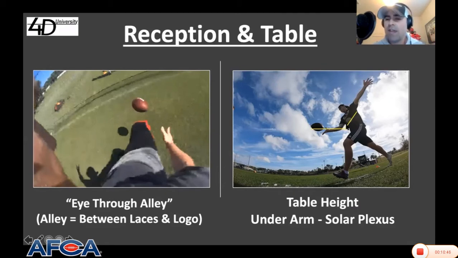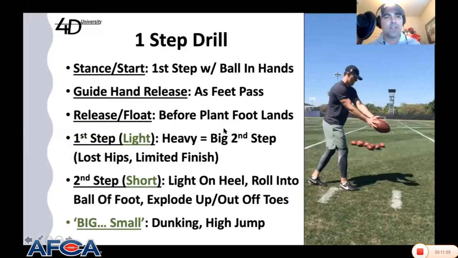Some kids hold the ball entirely too low. We have waistband height issues, or too high, which is shoulder height, both of which are really inviting for gravity to hurt them. We have too little time down low, or we have too much time if we drop it from too high of a point. So that's why it says underarm and solar plexus, just two reference points when talking about table.